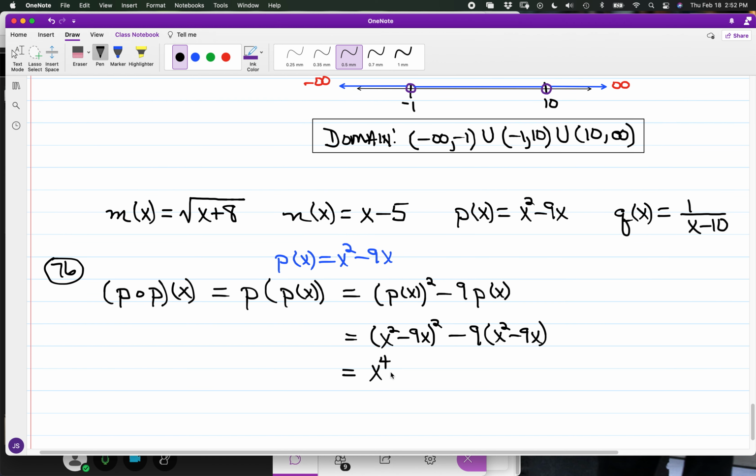So we have X to the fourth, and for the outside and inside products, those are each going to be negative 9X cubed. The last product, negative 9X times itself, is going to be a positive 81X squared. And then with the other distribution, we'll have negative 9X squared plus 81X.